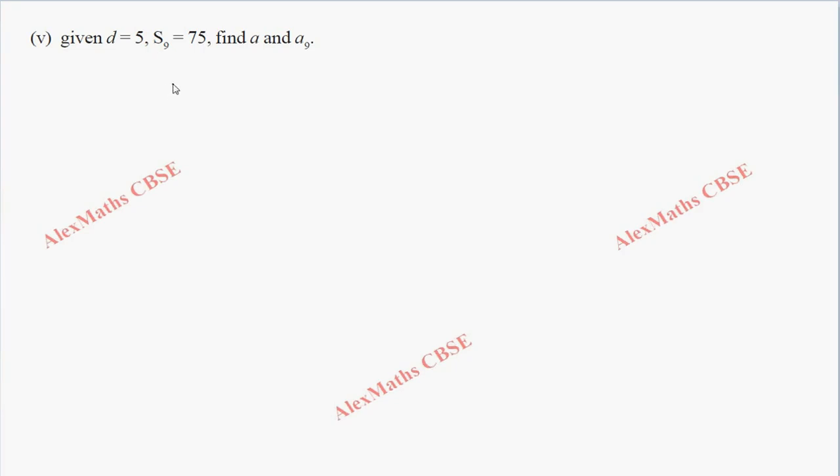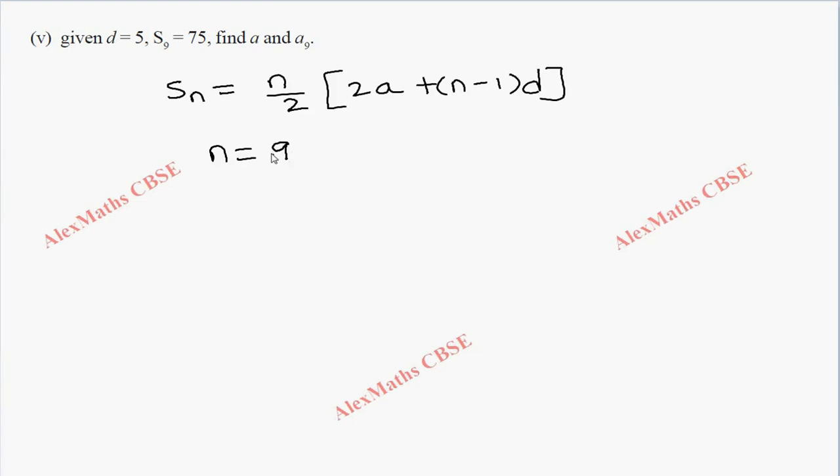So here let's write the Sn formula first, which is n by 2 into 2A plus n minus 1 into D. And we are going to take the value of n as 9 because they have given S9. So this becomes S9 equal to 9 by 2 into 2A plus 9 minus 1, which is 8.